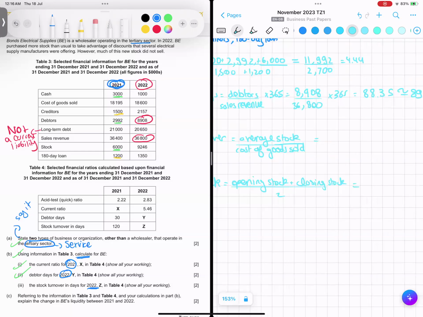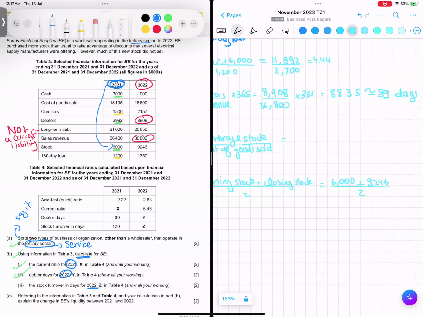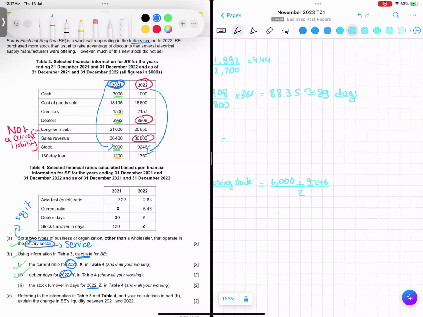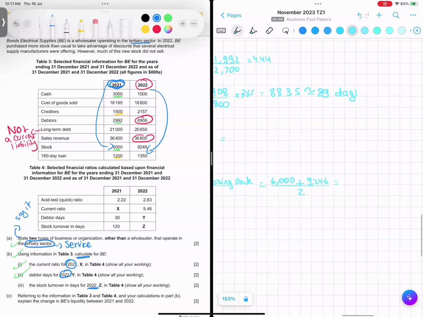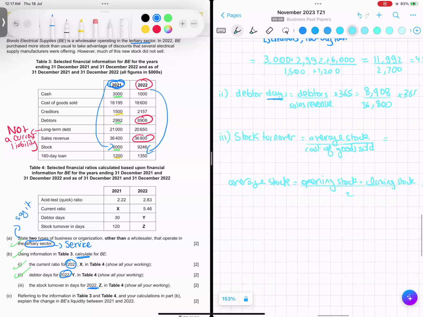Because in 2021 it is 6,000, plus closing stock is 9,246, divided by 2, because this is the closing stock in 2022, right? So now I'm just going to plug these in the calculator. You get 7,623, and keep in mind that this is the actual stock and the stock has a value.